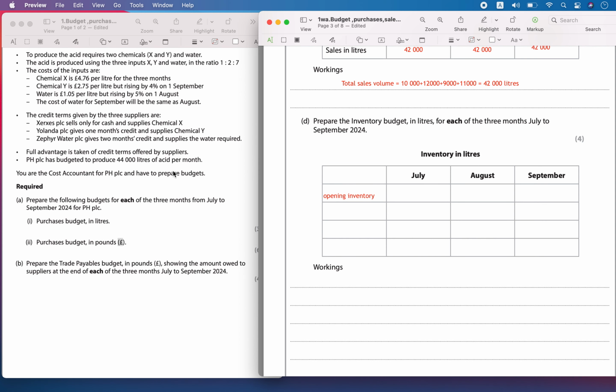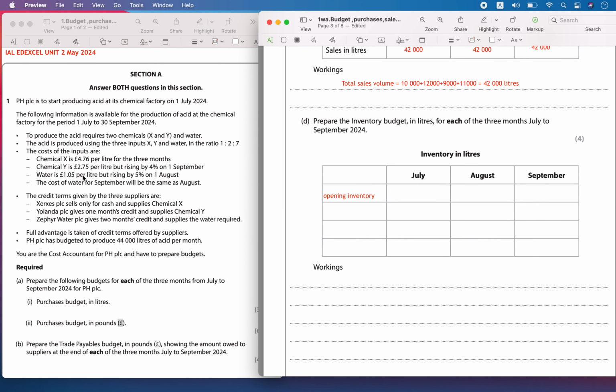PHPLC is going to produce some acid. There is production happening every month, a fixed amount of 44,000, which we know.